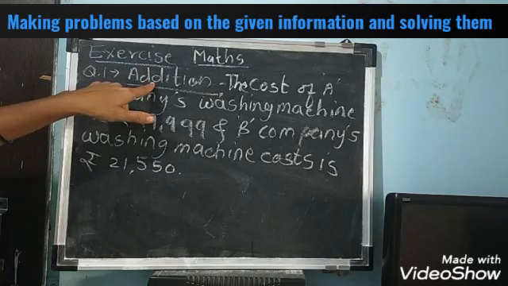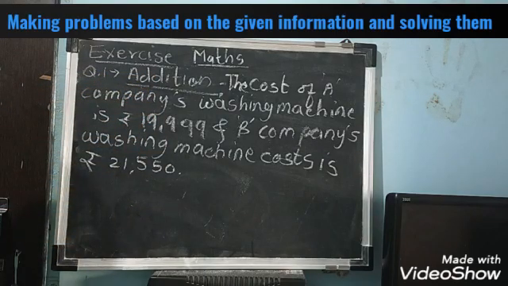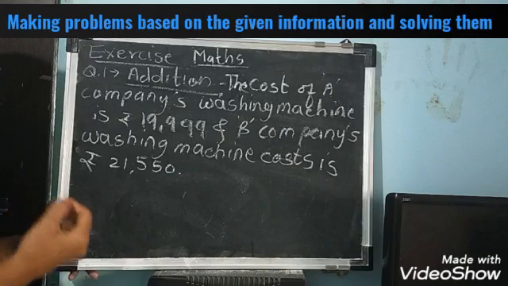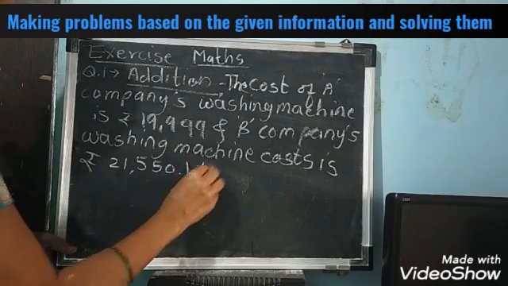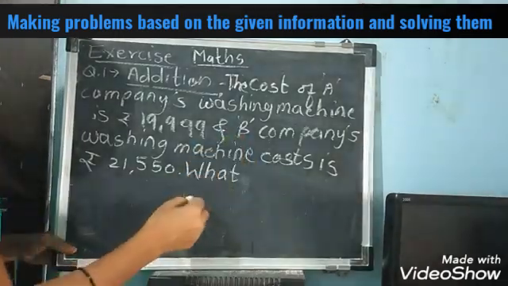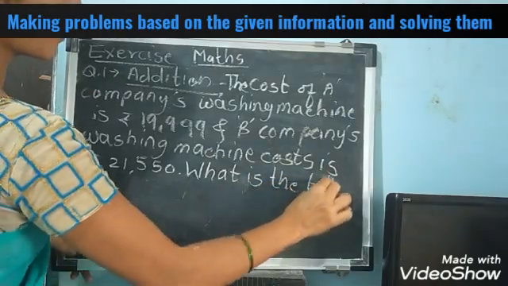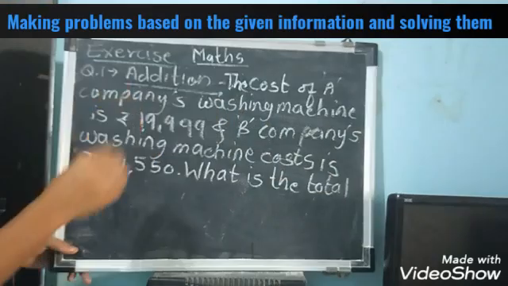Addition example I am making. So which words do I have to use? In all, total, all together, any one word I have to use in the question. So how to frame the question? What is the total cost of both machines? Total word I have used, so it is the example of addition.